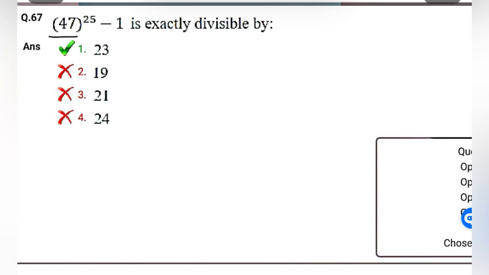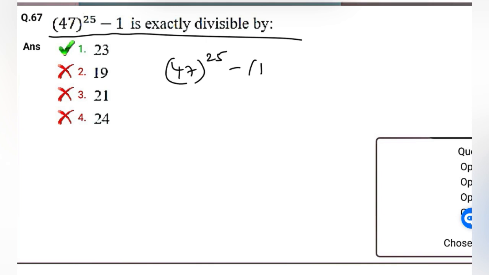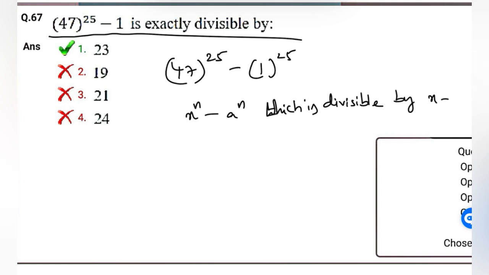47 power 25 minus 1 is exactly divisible by? It can be written as 47 power 25 minus 1 power 25. It is in the form of x power n minus a power n, which is divisible by x minus a for all values of n.